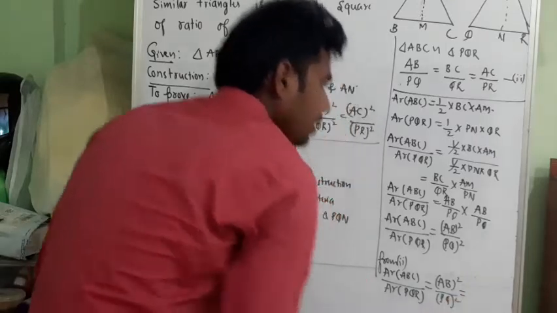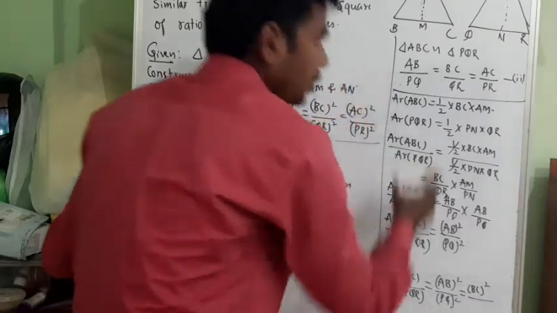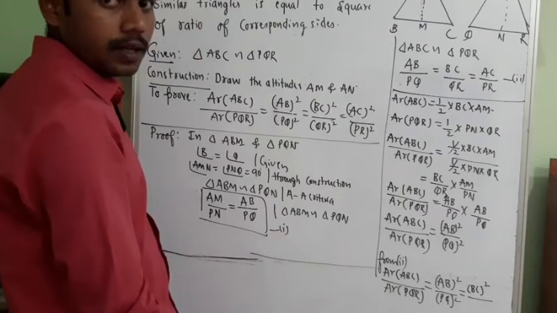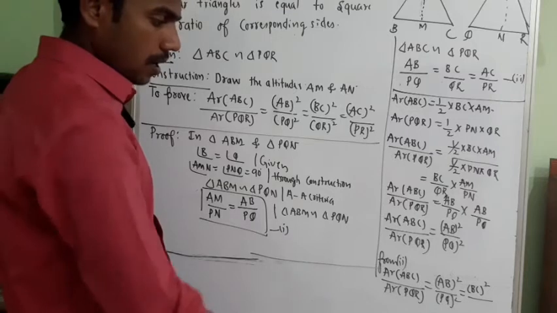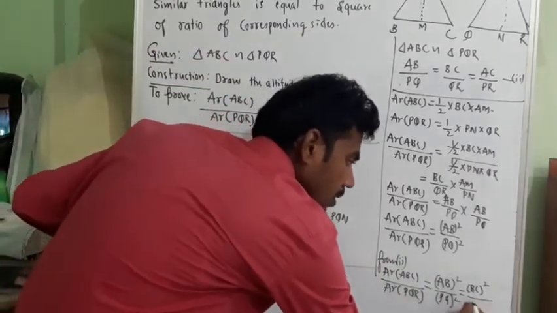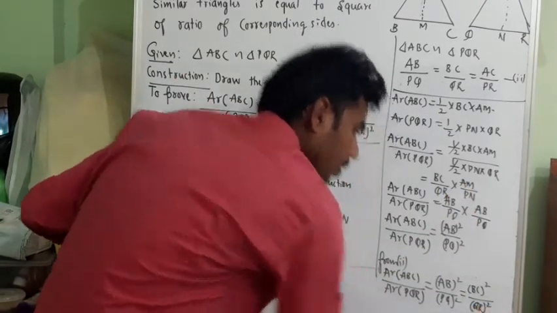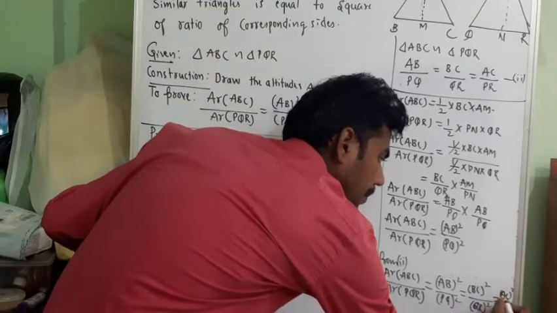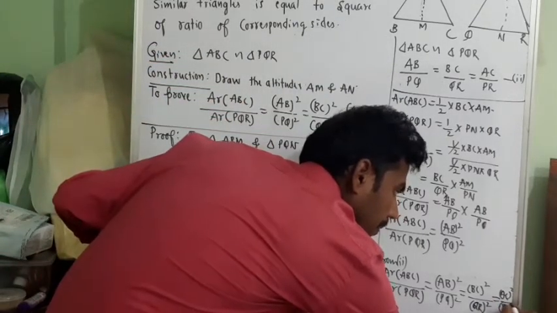It can also be written as BC square divided by QR square and AC square divided by PR square, because all are equal. Since triangle ABC is similar to triangle PQR, the ratios of their corresponding sides will be the same, or the corresponding sides will be proportional.